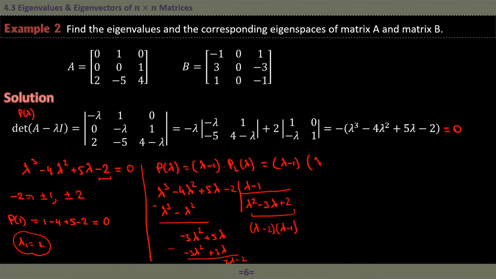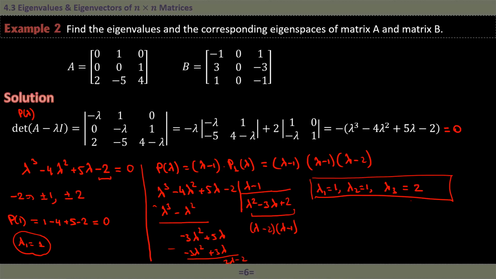So here we have lambda minus 1 squared, lambda minus 2, right? So now I can write all the eigenvalues of this matrix. The first one is equal to 1, the second one also is equal to 1, and the third one is equal to 2.